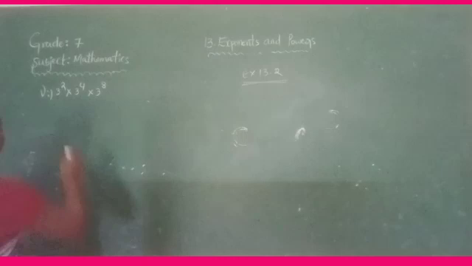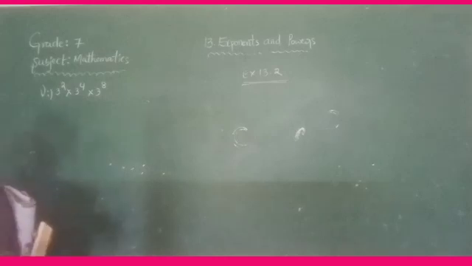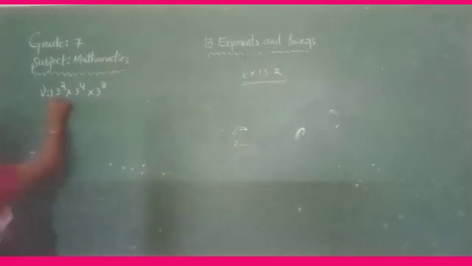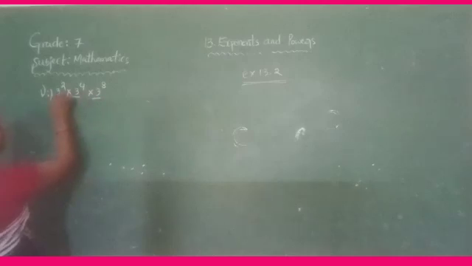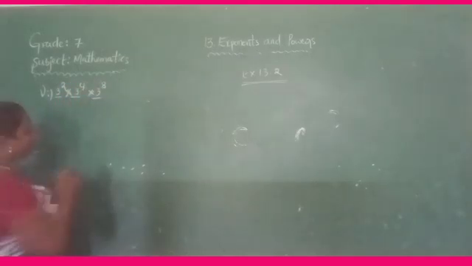See children, using the laws of exponents here, observe, which law of exponents is helpful to you? Check here, all the bases are the same in the multiplication. If all the bases are the same in the multiplication, you should add the exponents. Very good.